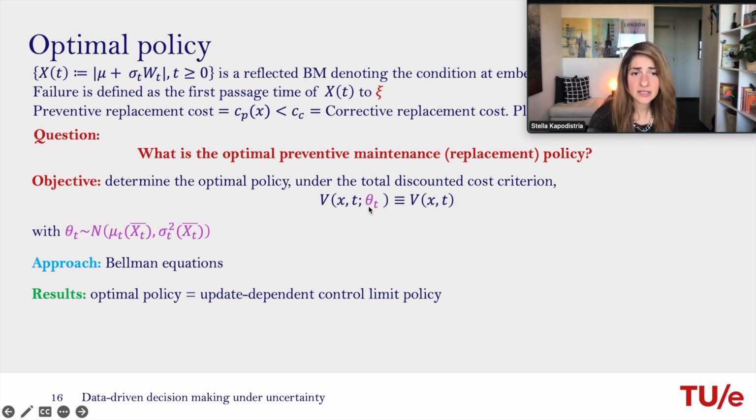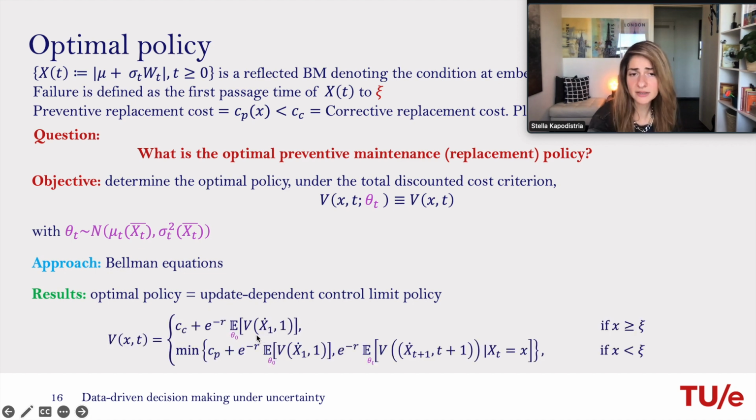Theta of t relies only on the sufficient statistic, and that is linear. So our approach is a very classical approach. We write down the Bellman equations, and for the optimal policy, that leads to an update-dependent control limit policy, or otherwise a time-dependent control policy.